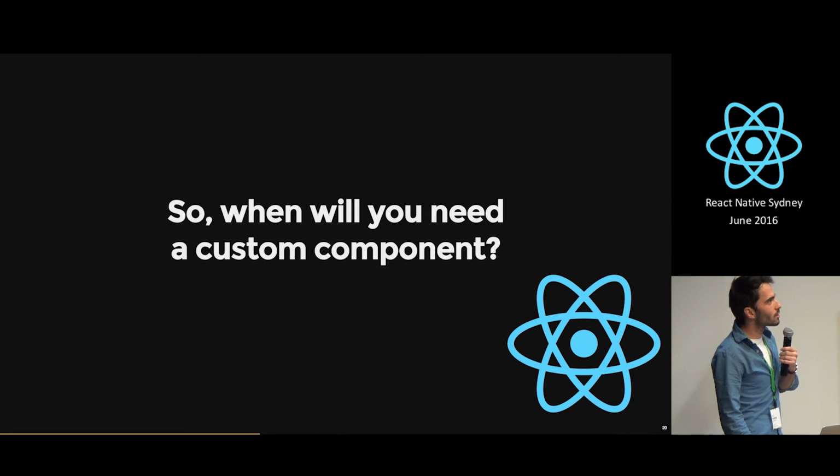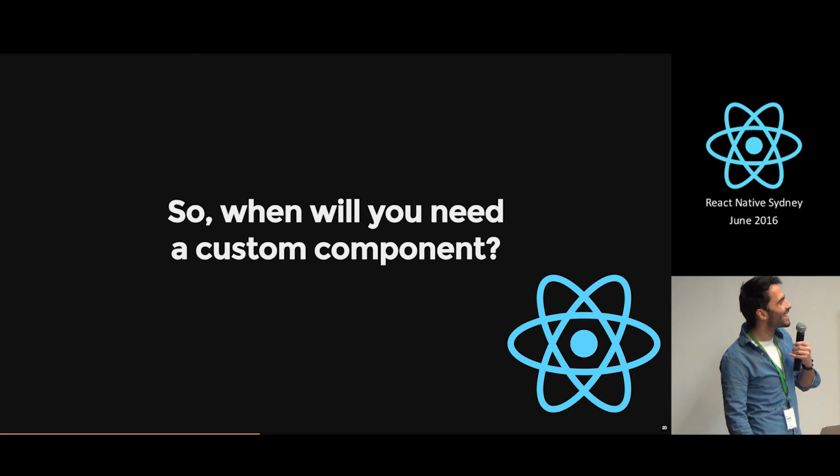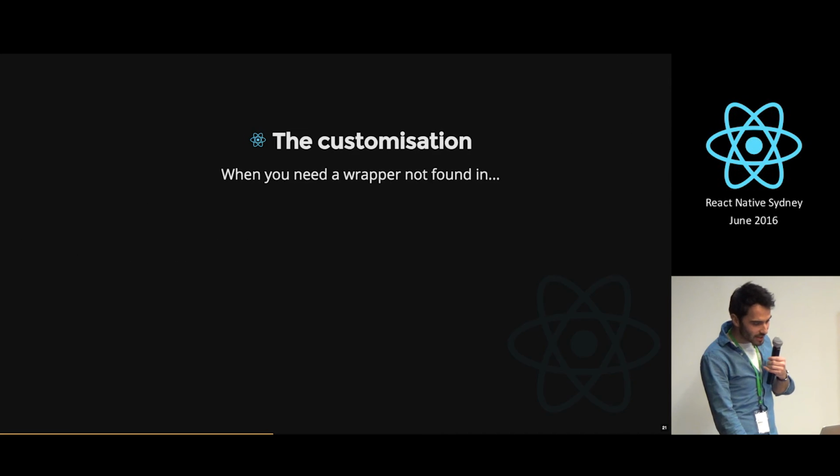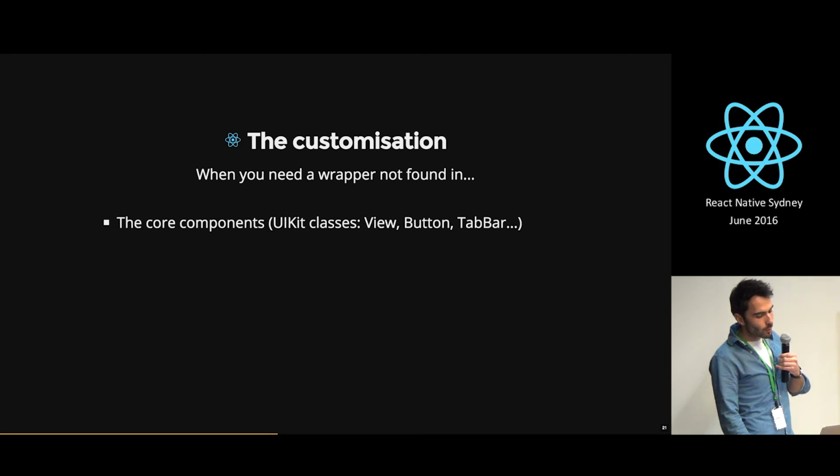And so there are two use cases where you might need to create a new custom component. Sorry, I'm a bit nervous. The first one is when you didn't find any wrapper around your need, provided around the UIKit classes or by the community.